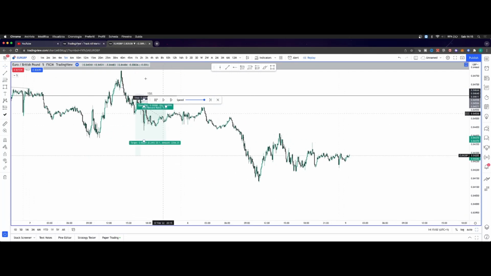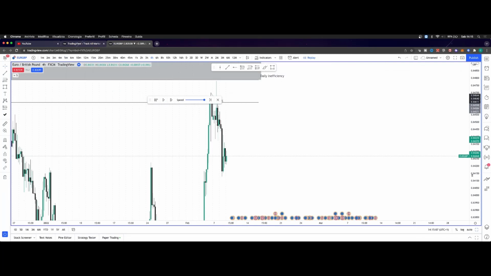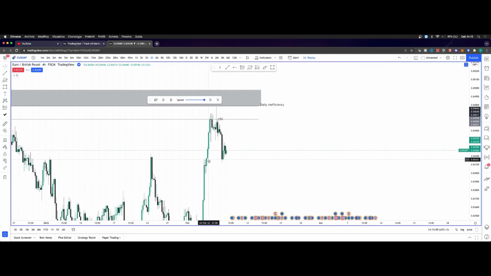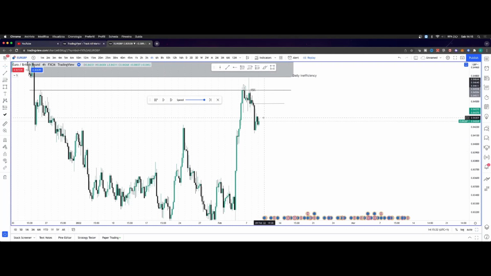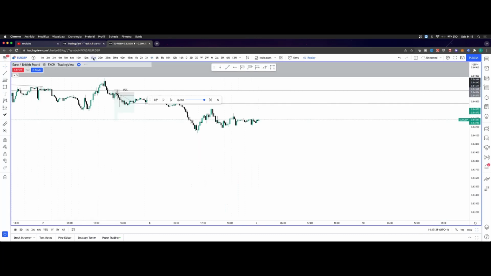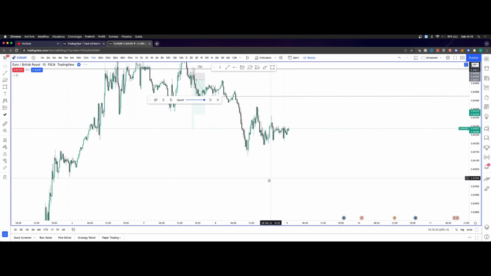And another important thing to understand is that now we are into this zone, so probably we could see a pullback inside this area to continue to the downside. So here we are at the bottom of this impulsive movement. So let's see what's going to happen the next day.